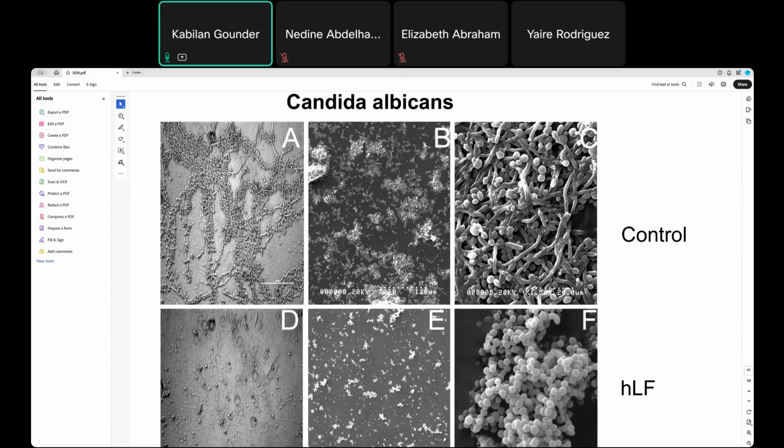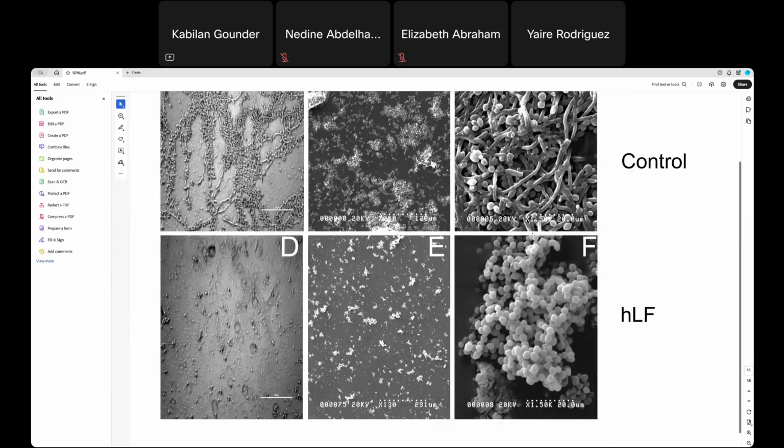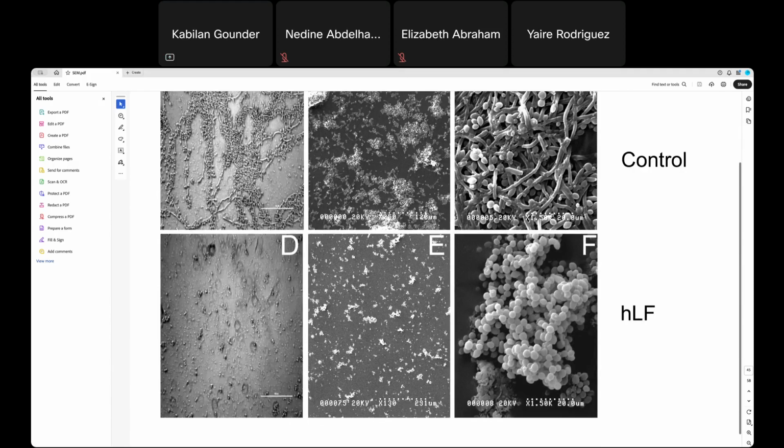It's a control group, and you can see a low magnification of scanning electron microscope, and a high magnification. Similarly, when treated with human lactoferrin, it significantly reduced the hyphae compared to the control group, and also reduced the biofilm.